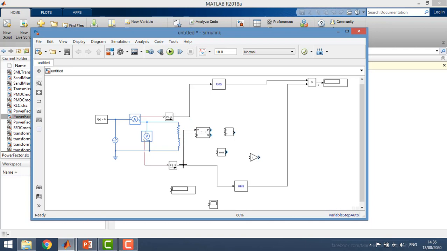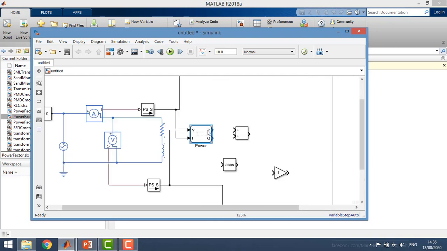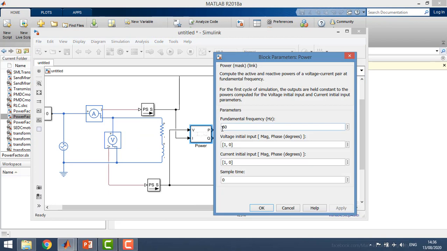measure the current and voltage to obtain the active and reactive power. I think we've set the frequency to 50 Hz, so we need to adjust the frequency value.